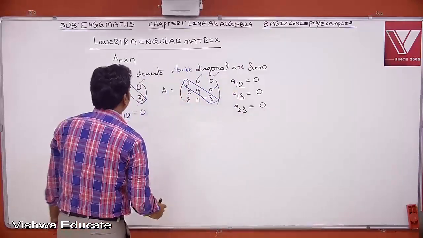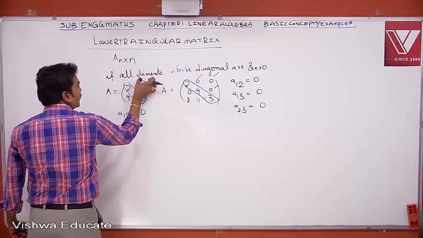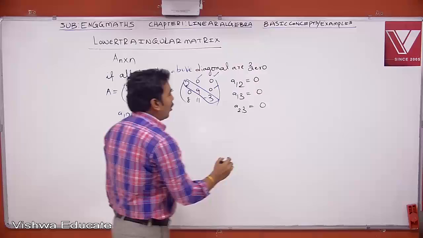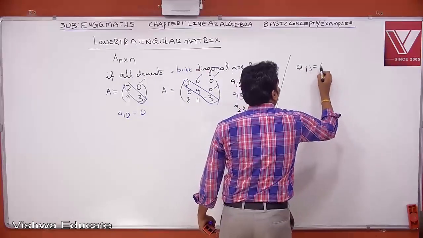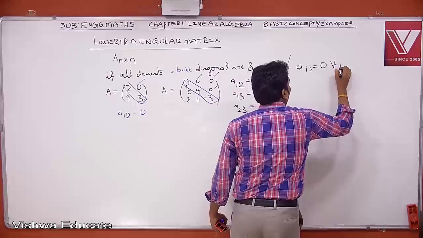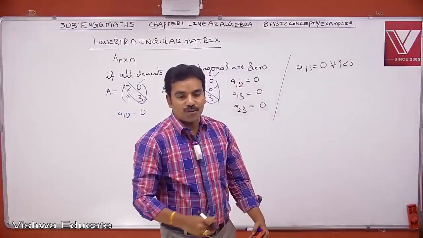So the equivalent definition is: a square matrix A is said to be lower triangular if all elements above the diagonal are 0, or equivalently, we can write like this: Aij equal to 0 for all i less than j. Note this point.